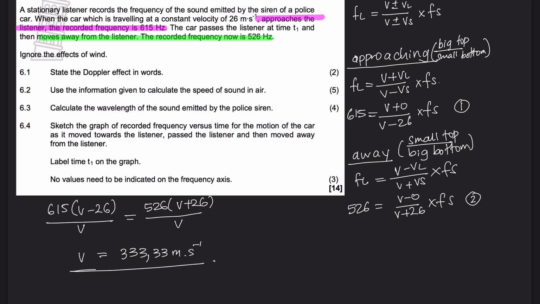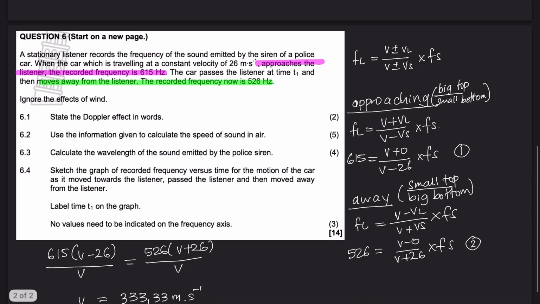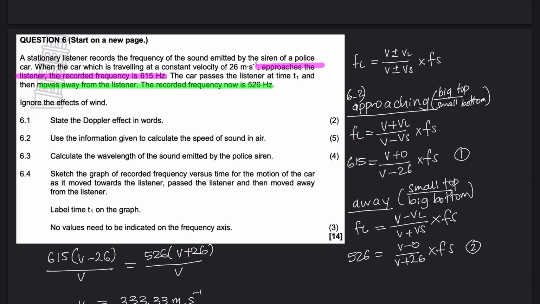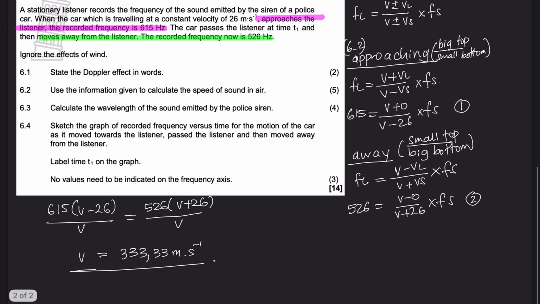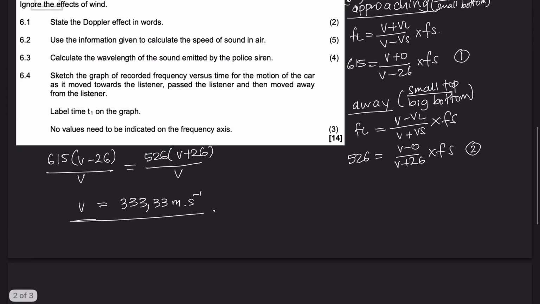So that's the answer here for 6.2: 333,33 meters per second.